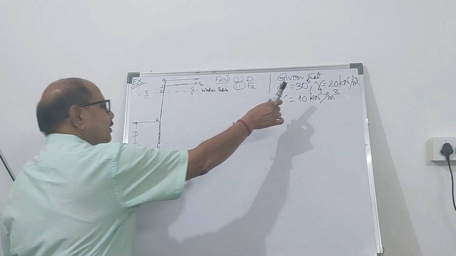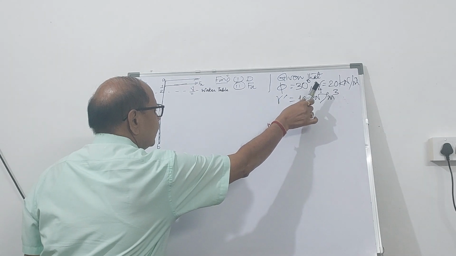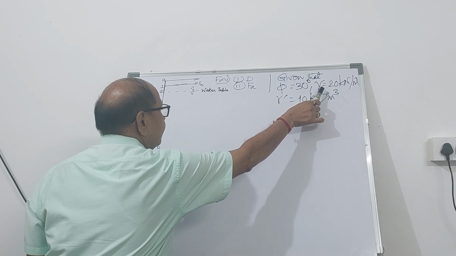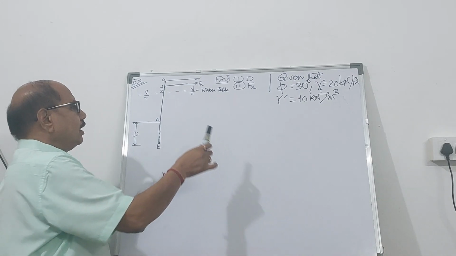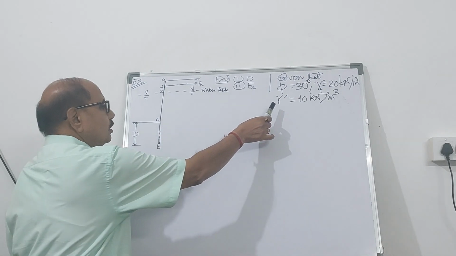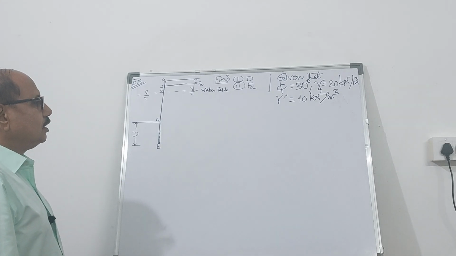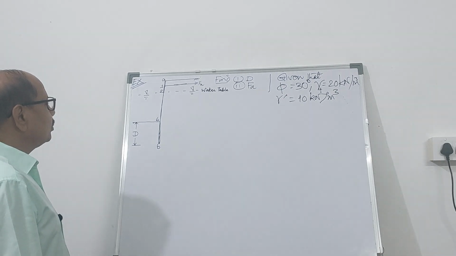The given data are phi equal to 30 degree, and above the water table gamma value is 20 kilonewton per cubic meter, and below the water table the submerged unit weight is given as 10 kilonewton per cubic meter.